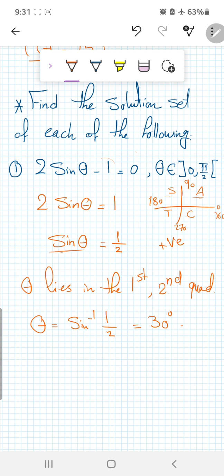And its equivalent, theta equals 180 minus 30, which will be 150.